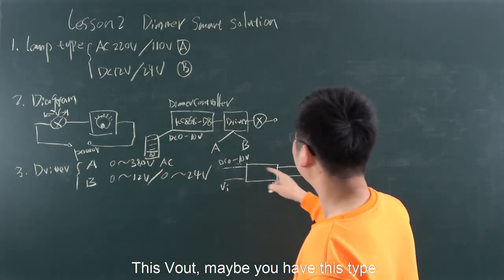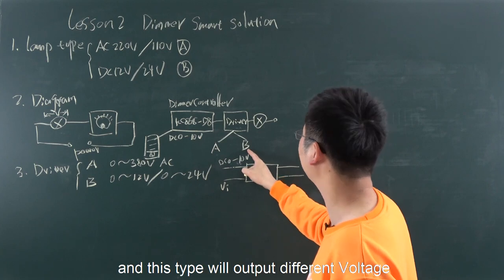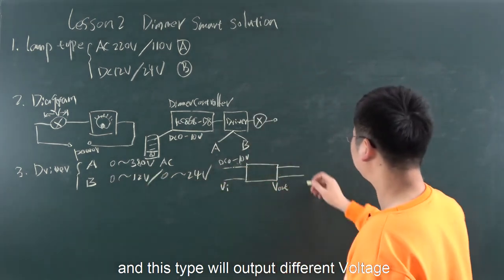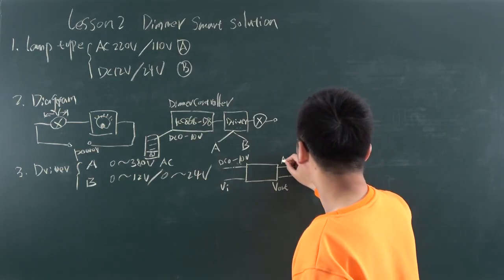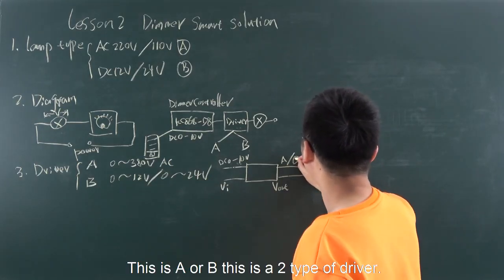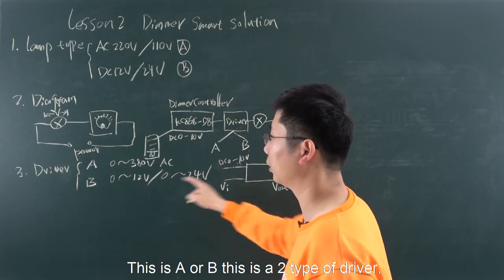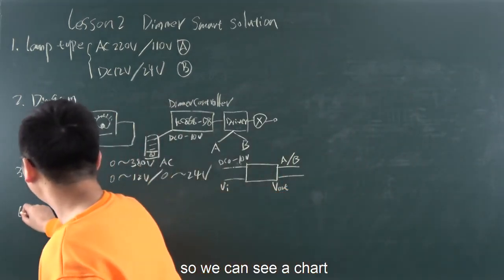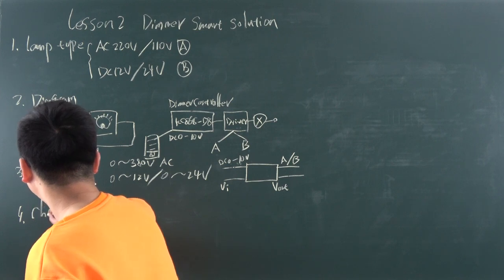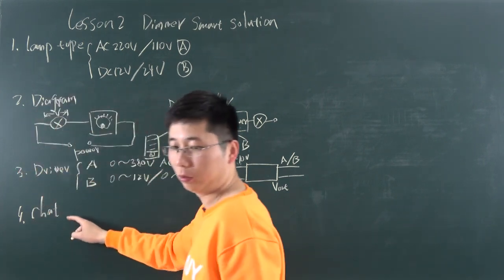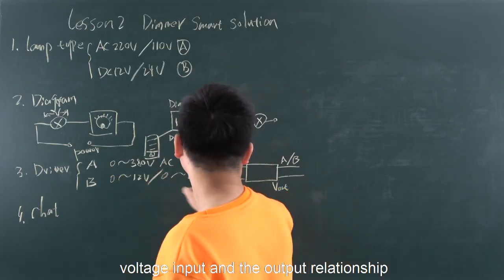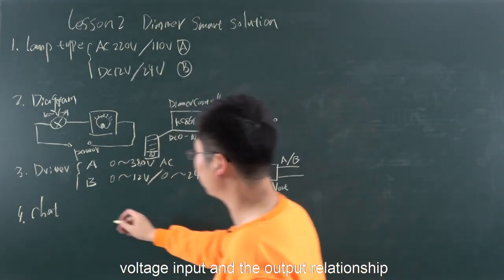Depending on the type, V out will output different voltage. These are the two types of driver. Now we can see a chart of the relationship between different input and output voltages.